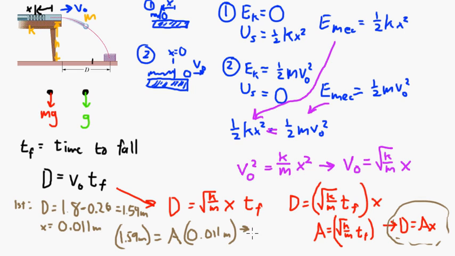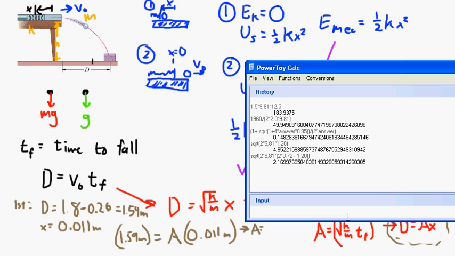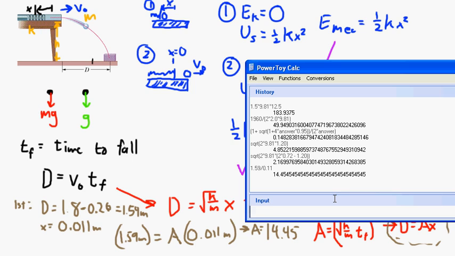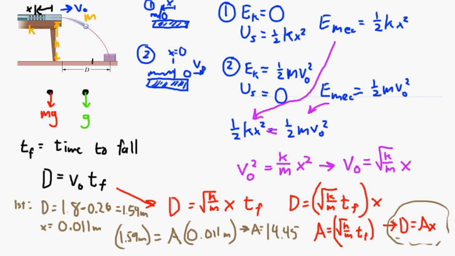And that means then a is going to equal 1.59 divided by 0.011, which is going to give us 144.5. Okay, a is 144.5.